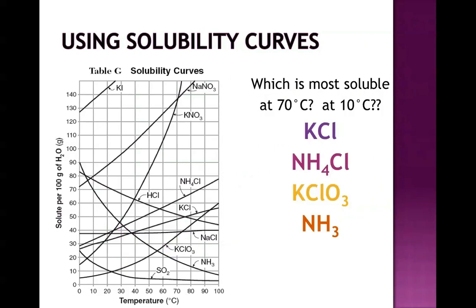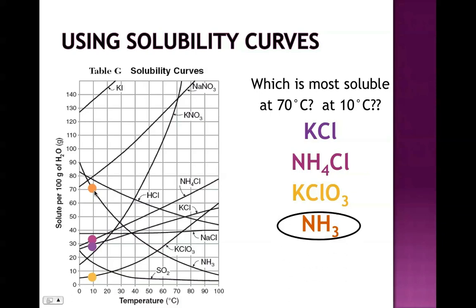All right, one other thing I want to talk about is just determining what is most soluble at 70 degrees Celsius, at 10 degrees Celsius. We can find at 70 degrees Celsius, here are my 3 points. Most soluble means the most amount of solute, so that would be my NH4Cl. If I'm looking at 10 degrees Celsius, okay, I move all my dots over to the 10 degrees Celsius.